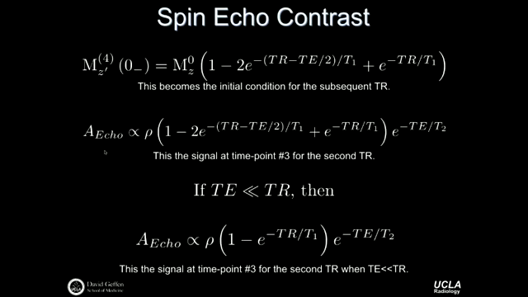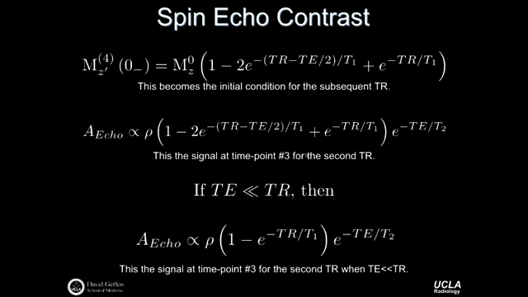But what you want to notice is that the amplitude of the echo depends on some things we control and things we don't control. Depends on proton density. It depends on T1 and it depends on T2. So it depends on all of the tissue parameters that we've talked about, all the things that are inherent to different tissue types. It also depends on some parameters that we can control. We can control the TR, and we can control the TE.